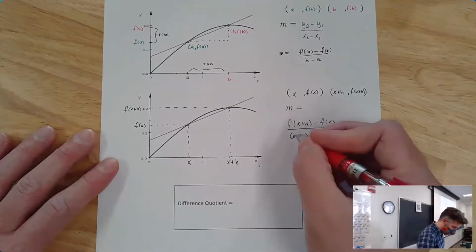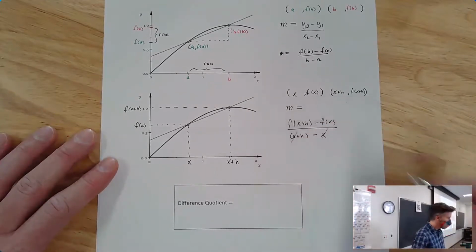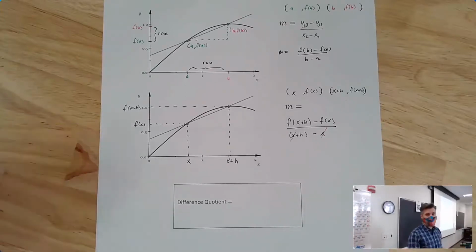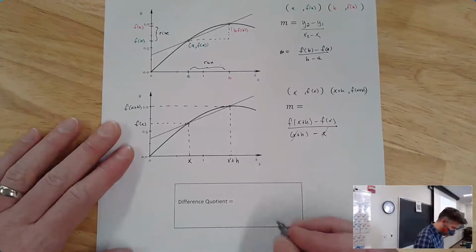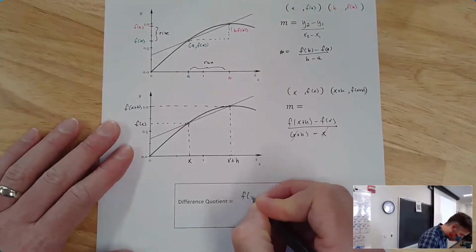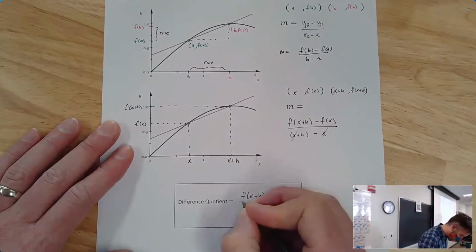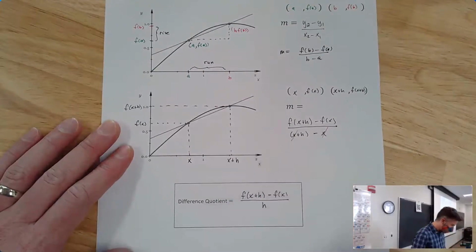The x's can cancel. X minus X goes away and you're left with just an H. So the difference quotient that we typically think of when we talk about the difference quotient is the quantity f of X plus H minus f of X all over H.